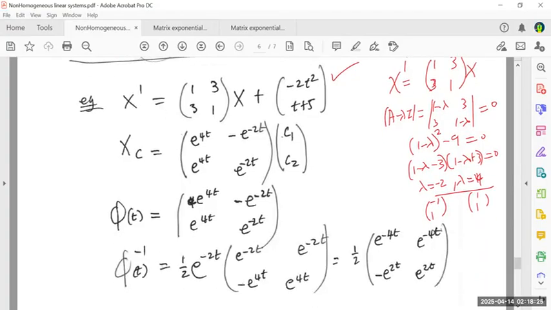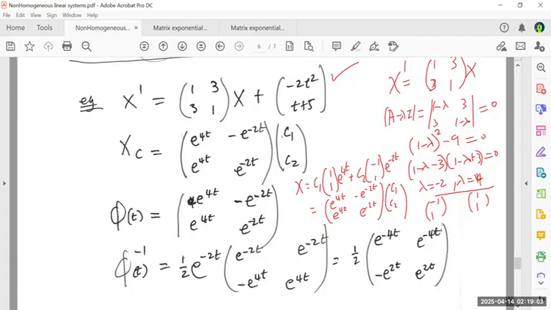Then writing this solution as x equals C1 times 1, 1 e to the power 4t plus C2 times minus 1, 1 e to the power minus 2t, you see this could be written as the matrix e to the power 4t, minus e to the power minus 2t, e to the power 4t, e to the power minus 2t, times C1, C2.